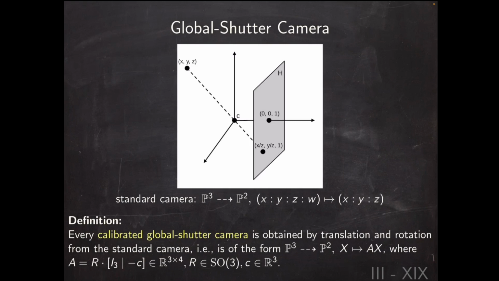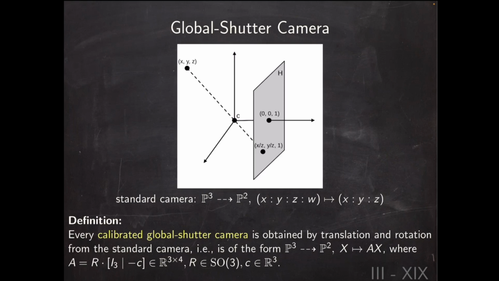Thinking of this map as a matrix, it would consist of a rotation matrix to model how the camera is rotated relative to the standard camera in the picture. And it would also consist of a vector C, which is the camera center of the new camera, so how the camera has been translated in comparison to the camera up there.